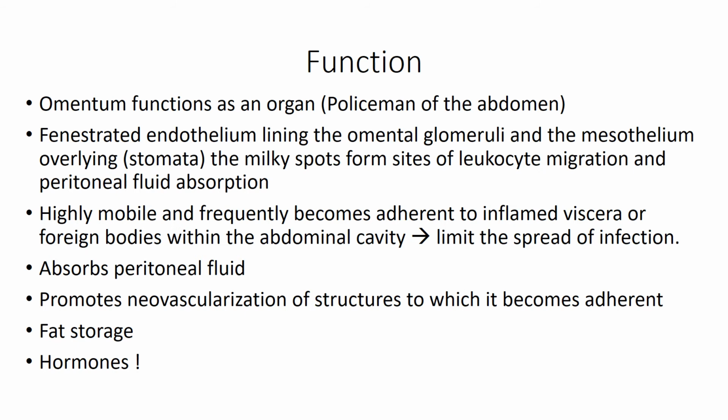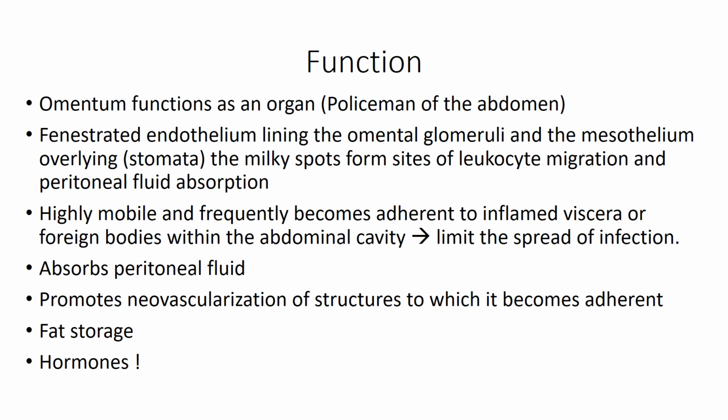Now it acts as a highly mobile organ, and it frequently becomes adherent to the inflamed viscera or when there is a foreign body within the abdominal cavity. The adhesion is because these mesothelial cells transform into fibroblastic cells, causing the adhesion to the inflamed viscera or the foreign body, and that's how they limit the spread of the infection.